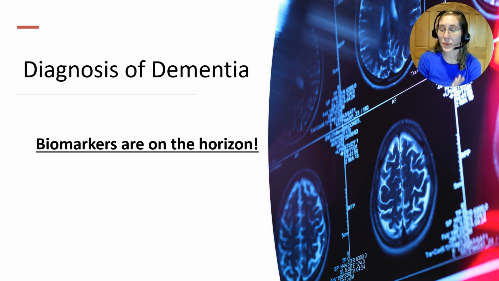So there is a big movement happening right now, just started in the summer of 2024, if you will, after a publication in the Journal of Nature, where basically there is a movement to diagnose Alzheimer's disease based on the presence of biomarkers alone, regardless of symptoms or neuroimaging findings.